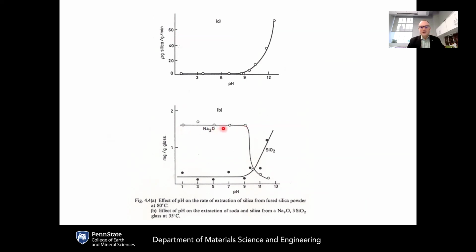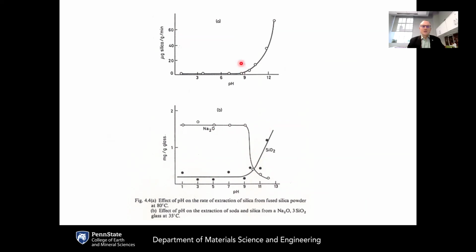So in the acidic and neutral regime, even into the slightly basic regime, sodium is what gets removed preferentially from the glass. And it's only when we get above a pH of about 9 that the basic solution attacks the network itself, releasing considerable amounts of SiO2 at that point.